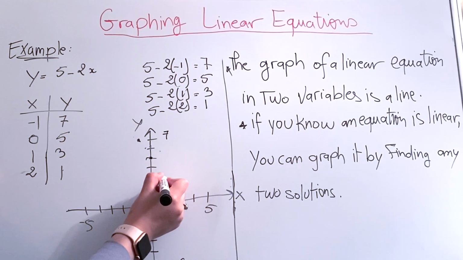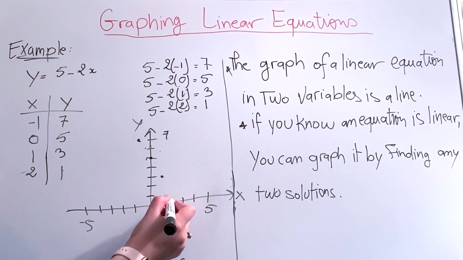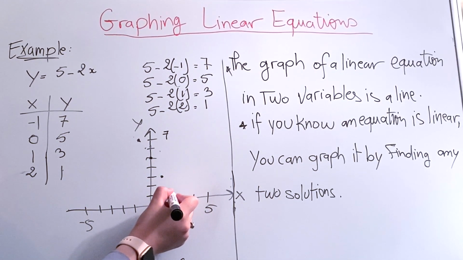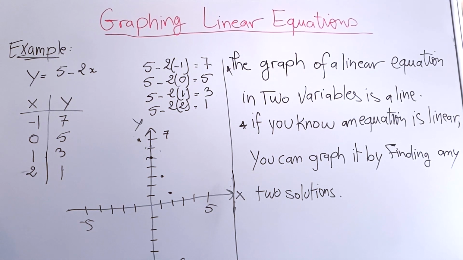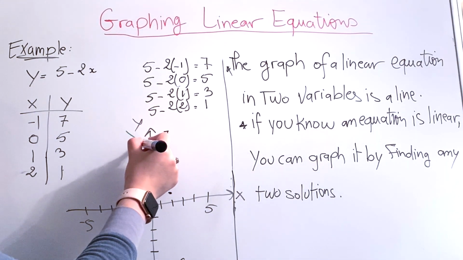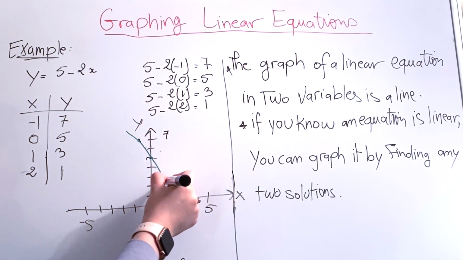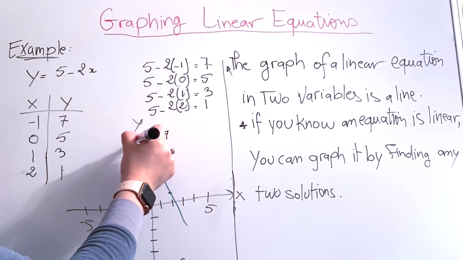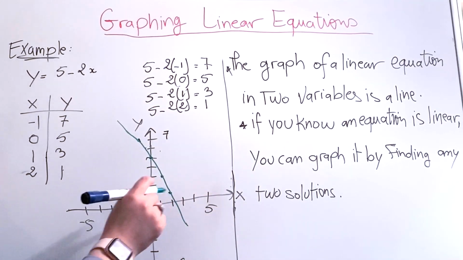So here's the third one, and we have x equal to 2, y equal to 1. Now we're gonna connect the points to find the line. So now we draw the line.